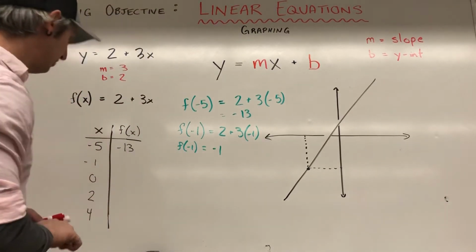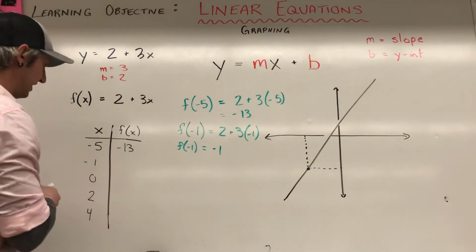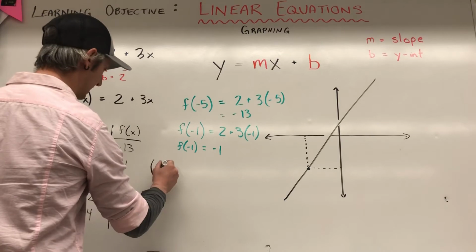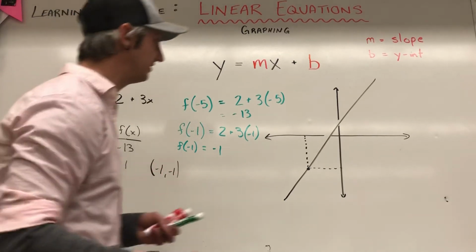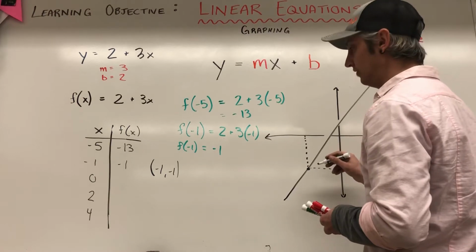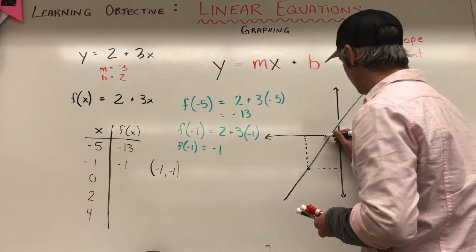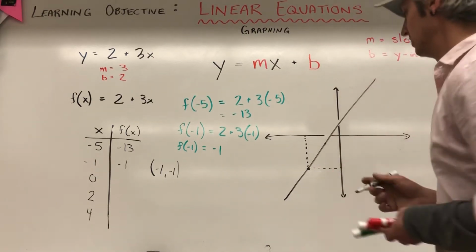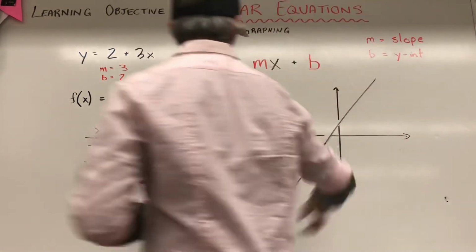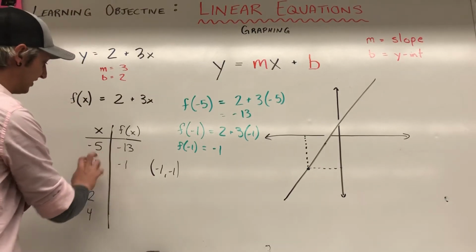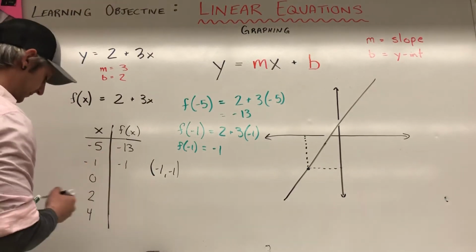So a new data point: when x is -1, y is -1. So here's another coordinate, -1, -1. And if I would have drawn this properly, I would have found it's right around there, because I just free-handed this. So there's another coordinate. Each of these becomes a coordinate on my line.